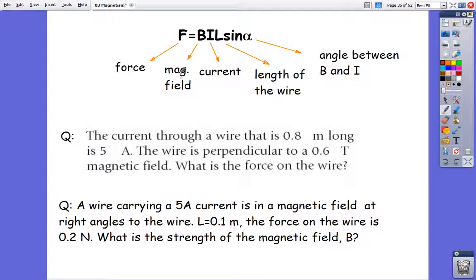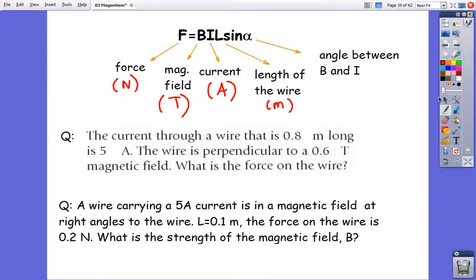First is magnetic field, second is current, and the third is the length of the wire. Here the force is in Newton, as always, magnetic field is in Tesla, current is in ampere, length of wire is in meter, and the angle between I and B doesn't have any unit or dimension.